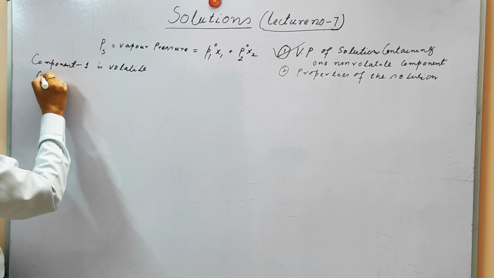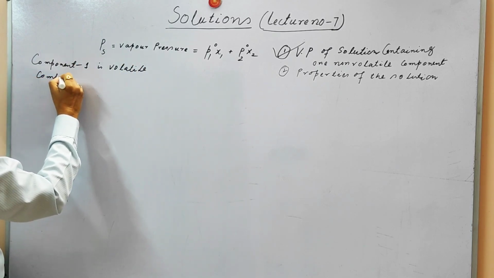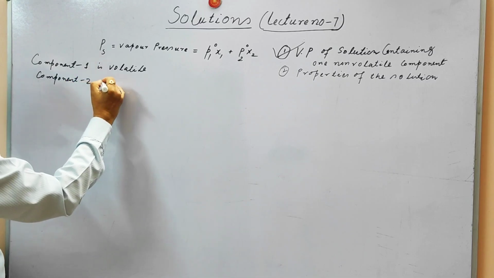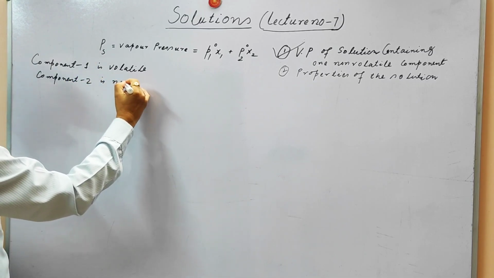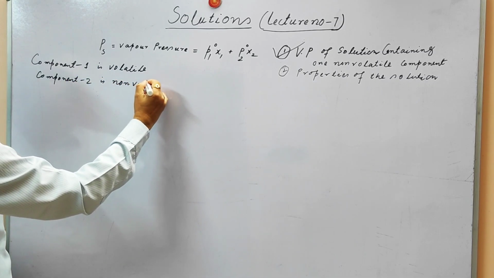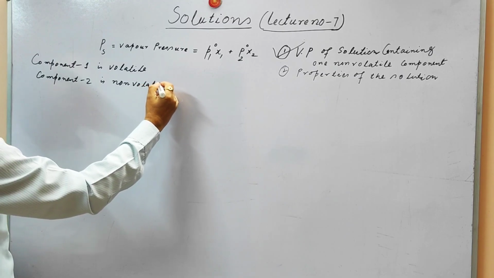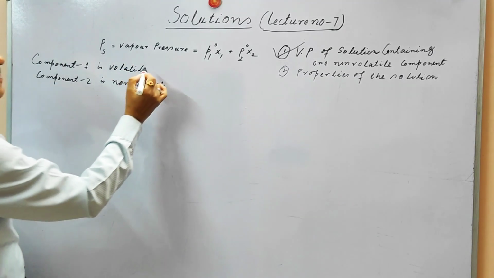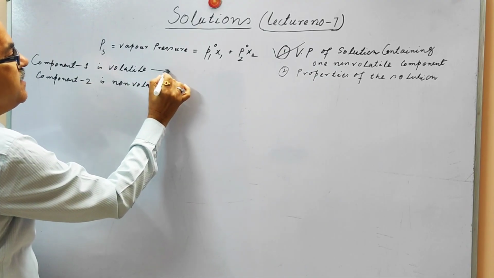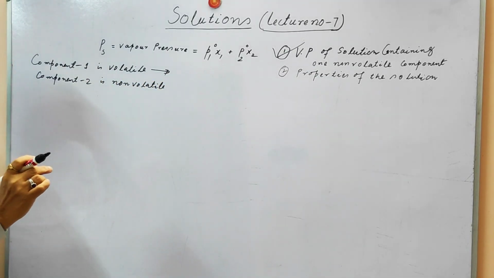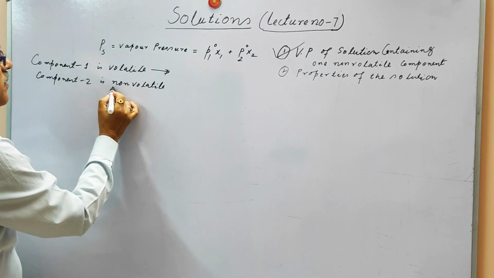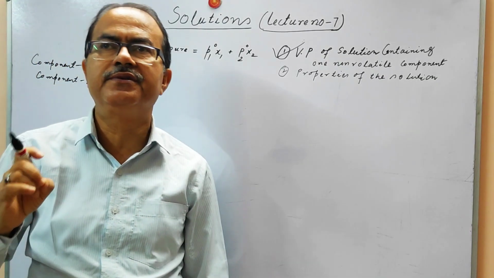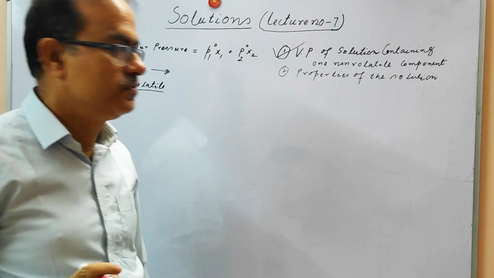And component 2 of the solution is non-volatile. So component 1 will create the vapor, but component 2 will not be responsible for any type of vapor above the solution.